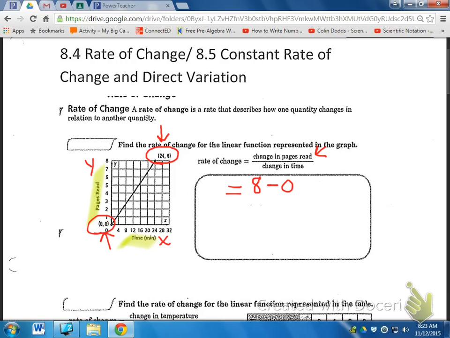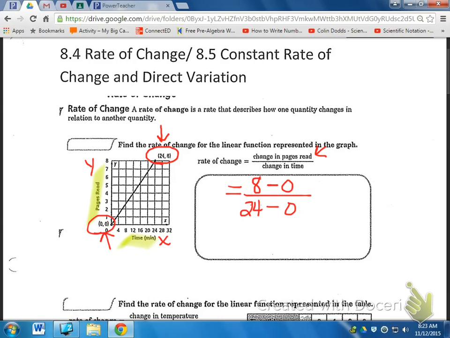That's how we'll figure out the change. So it went from 0 pages read to 8 pages read. That means 8 over the change in time. So since we dealt with this ordered pair at the top first, the change in time, 24 minutes, minus 0 minutes, obviously, to do the 0.